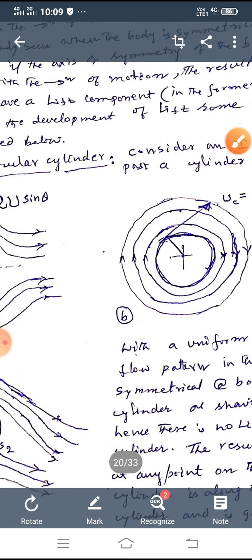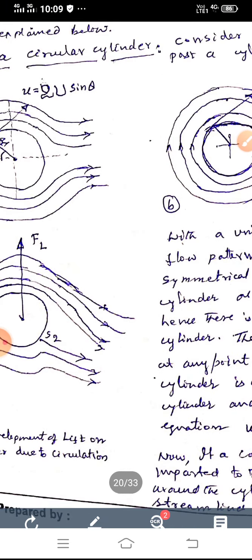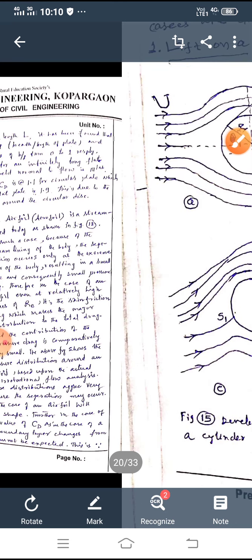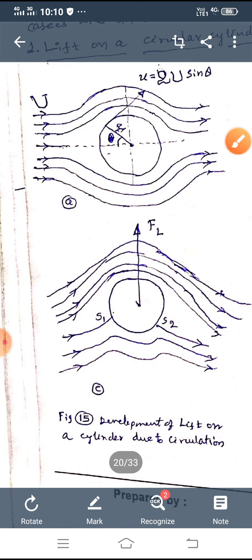Now further, if we superimpose the first case and the second one, we will get this development of lift on the cylinder due to circulation.